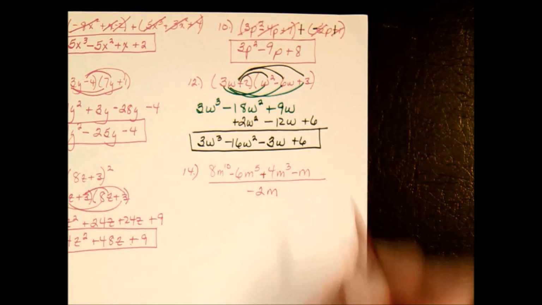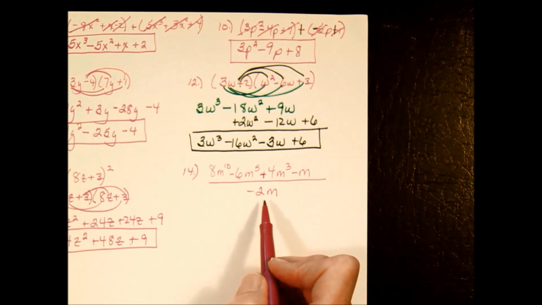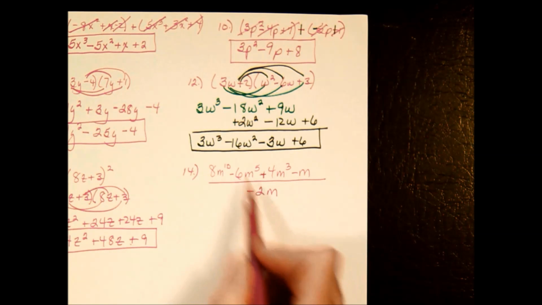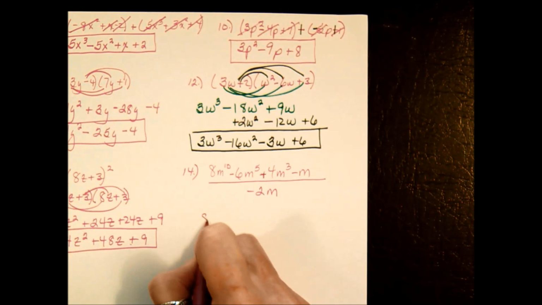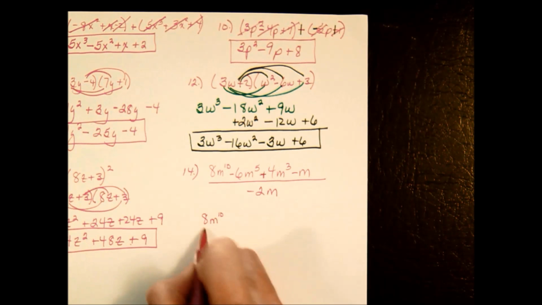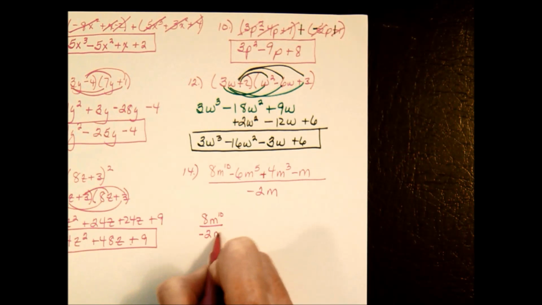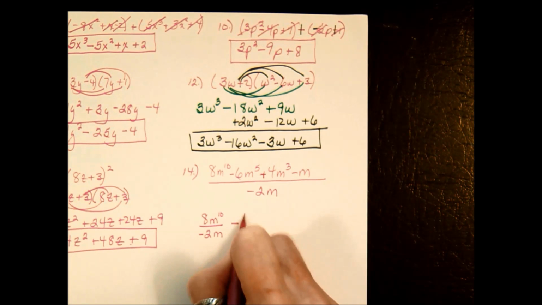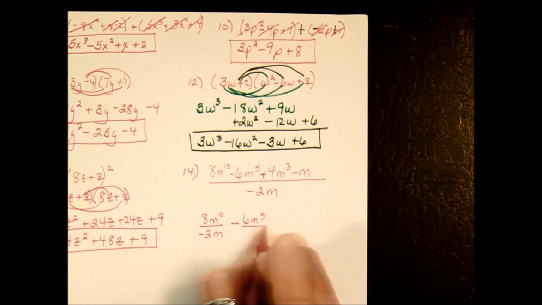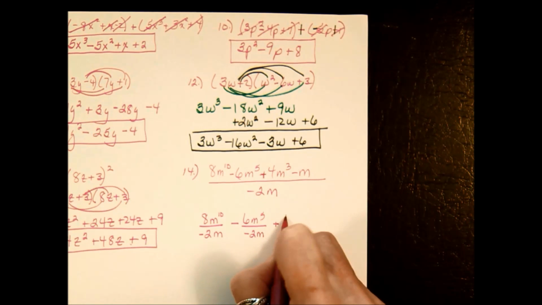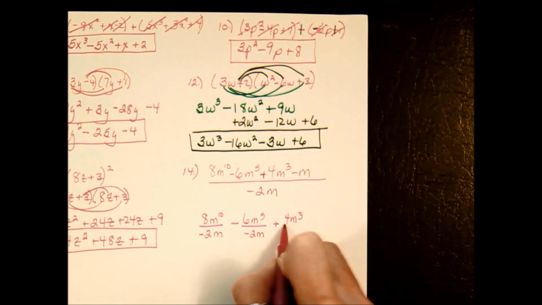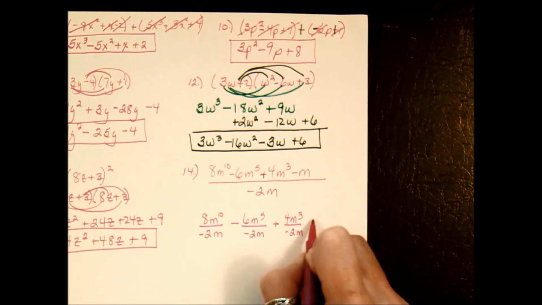Since we are dividing by a monomial, we're going to split this fraction into 4 pieces over the same denominator. So 8m to the 10th over negative 2m minus 6m to the 5th over negative 2m plus, see what I'm doing? Each term in the numerator goes over that common denominator.